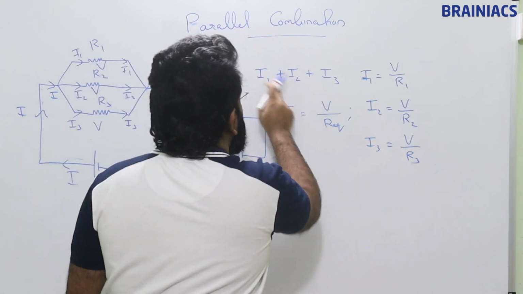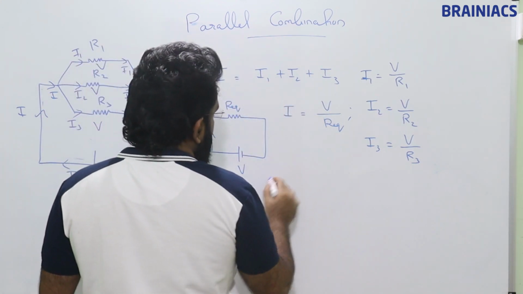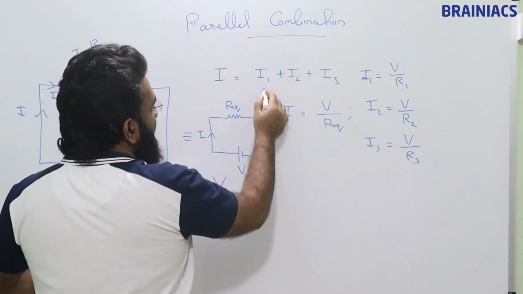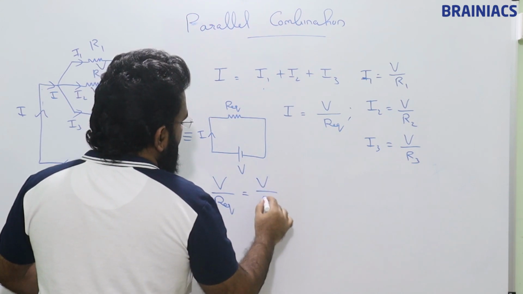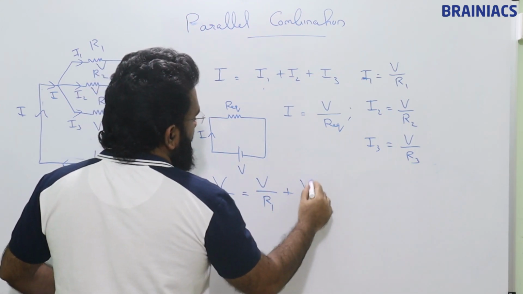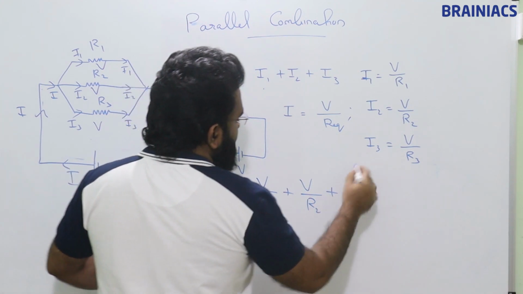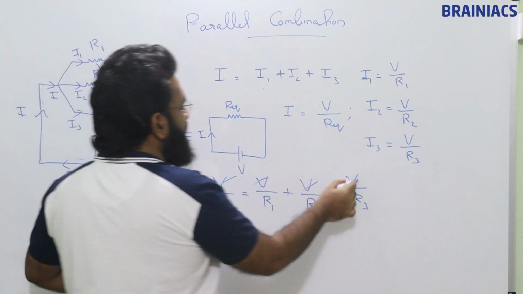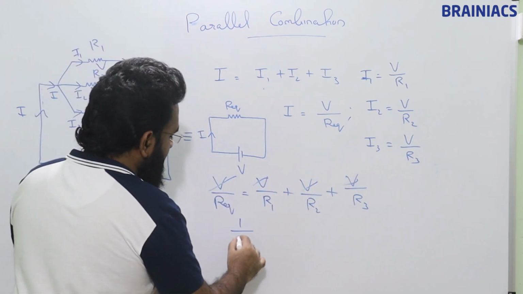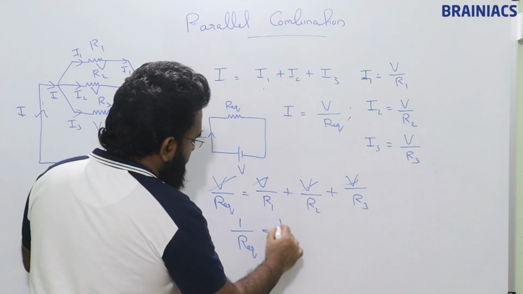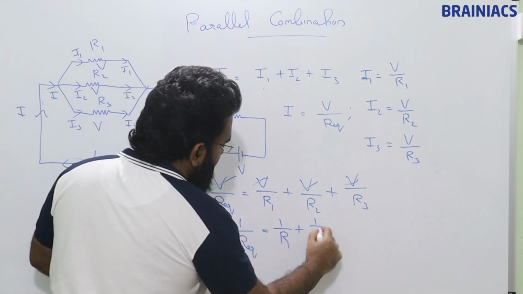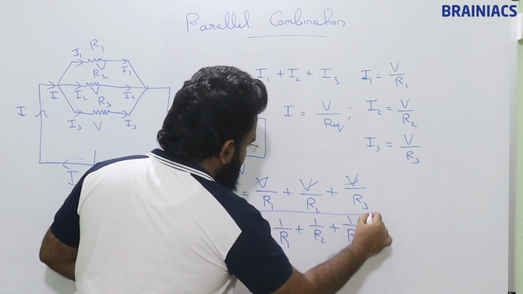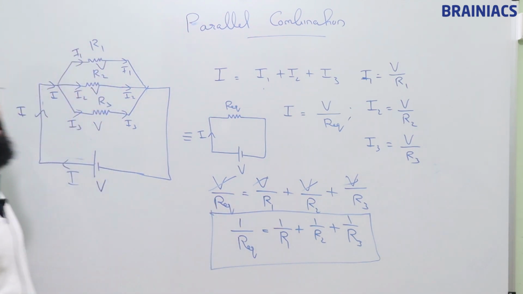Now substituting in this equation, V by R equivalent is equal to V by R1 plus V by R2 plus V by R3. Cancelling V, what we get? 1 by R equivalent is equal to 1 by R1 plus 1 by R2 plus 1 by R3. Okay, note it down.